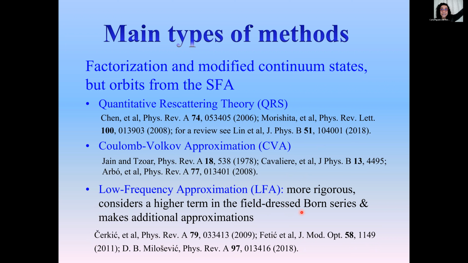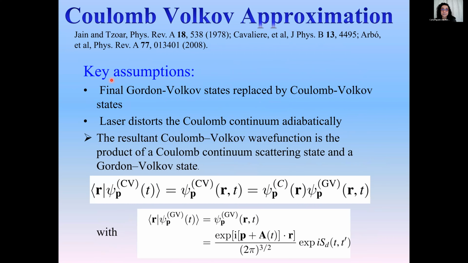They just went one term more in the field-dressed Born series, and then they made additional approximations. And the key idea is that these orbits are not touched upon, because you have to deal with them with further challenges. So this is to give you an idea. I'm just picking one of them.